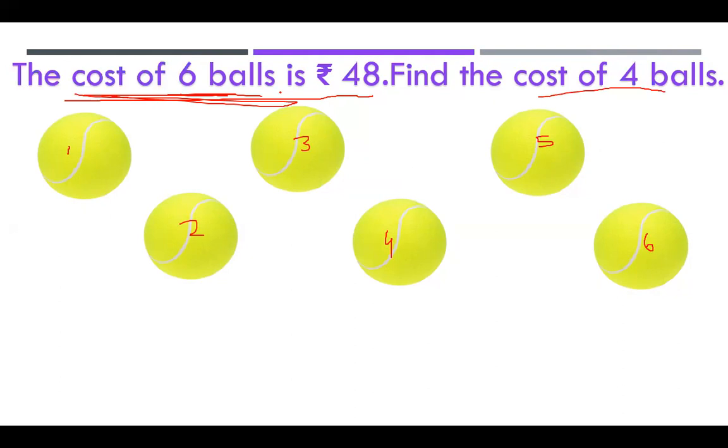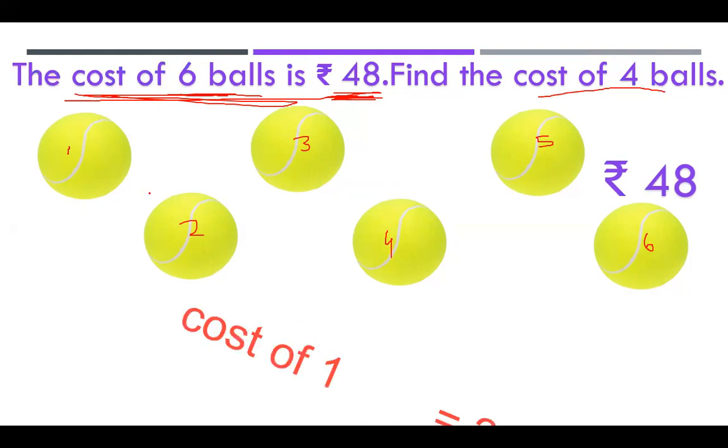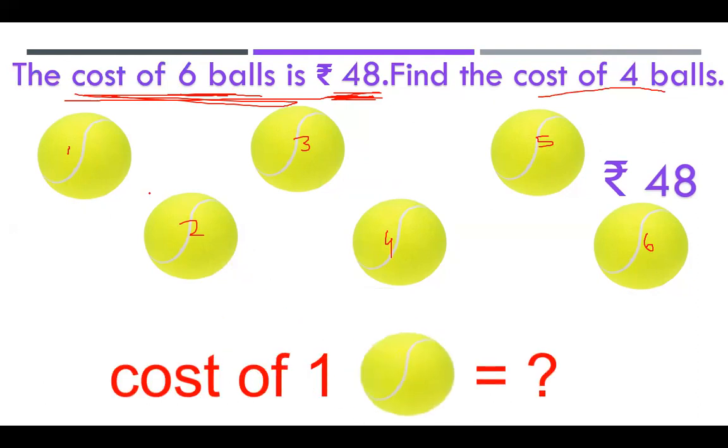So here we have the cost of 6 balls is rupees 48. Right now I bought these 6 balls for rupees 48. Now can you find the cost of one ball? Yes, we can find the cost of one ball. If you know the cost of one ball, then you will be able to find the cost of 4 balls. To find the cost of one ball, here we have so many balls and you need to find for one ball.